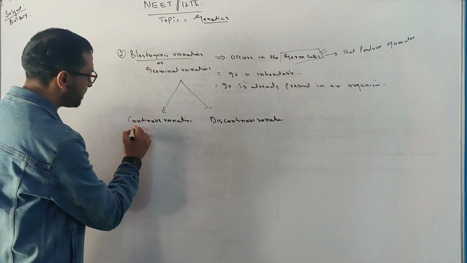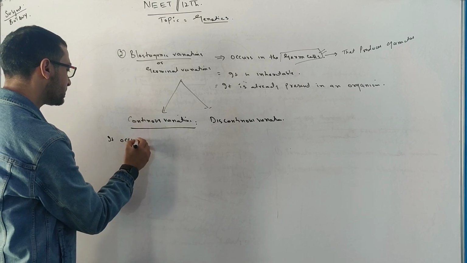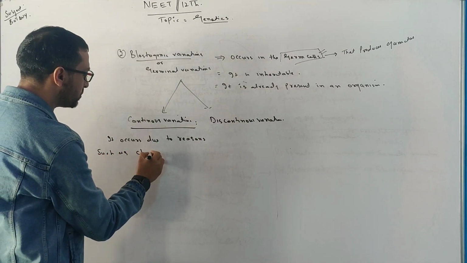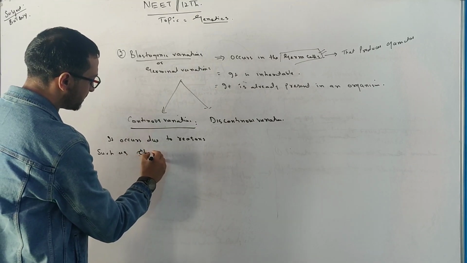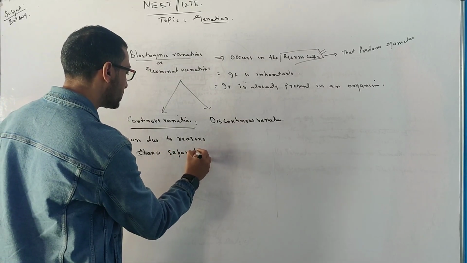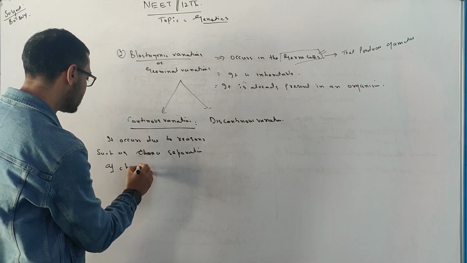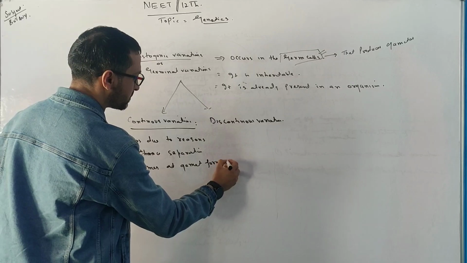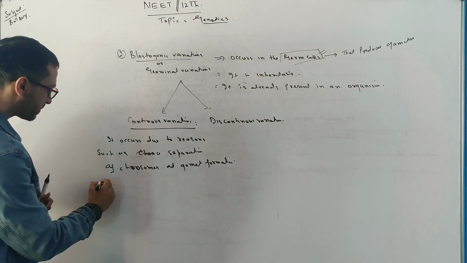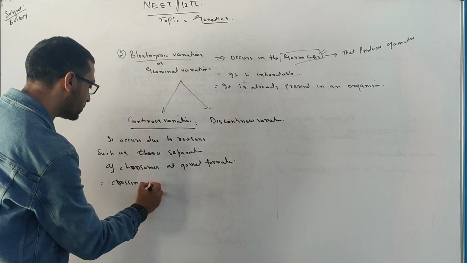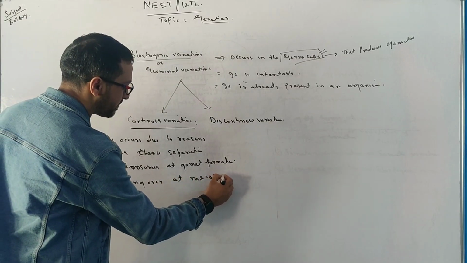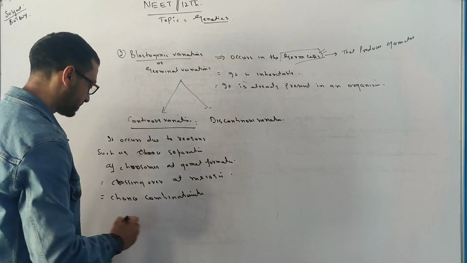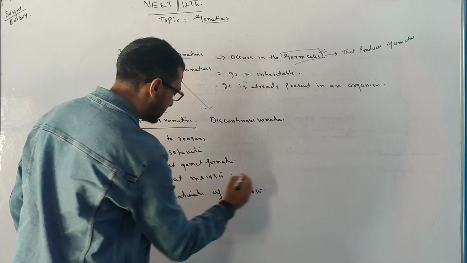As far as continuous variation is concerned, it occurs due to reasons such as chance separation of chromosomes at gamete formation, crossing over at meiosis, and chance combination of chromosomes during fertilization.